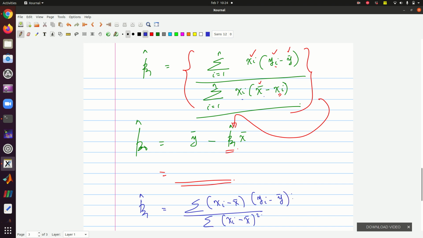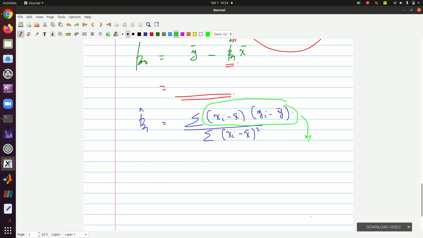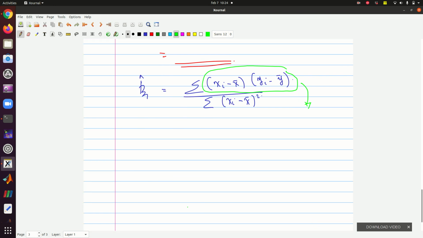So if you want to find out that this expression here is exactly the same as this one here, all we need to do is to expand this. A very quick expansion gives us the summation of (xi minus x bar) into (yi minus y bar).